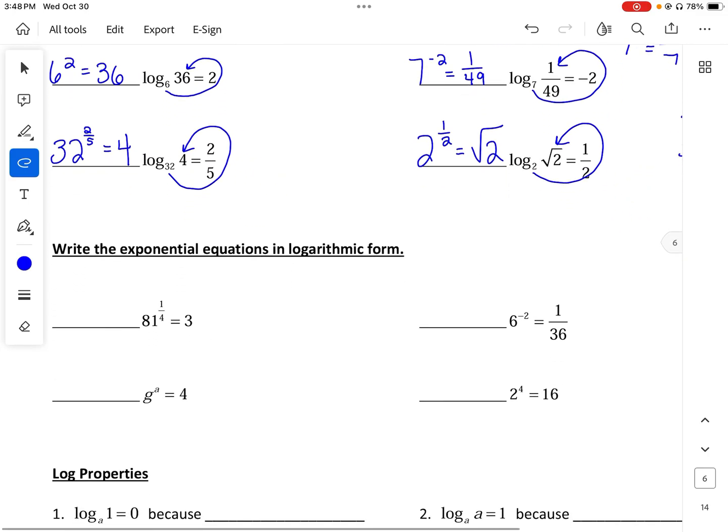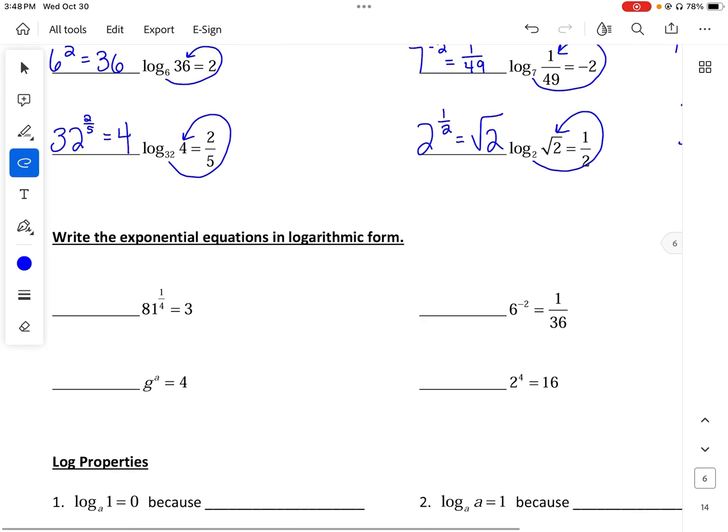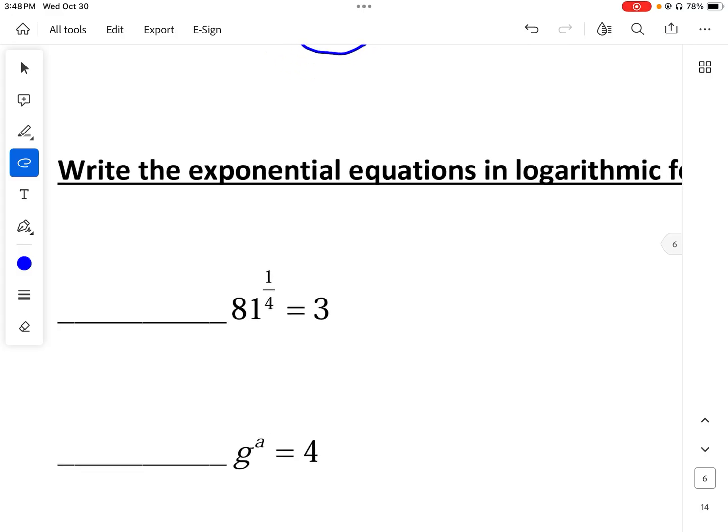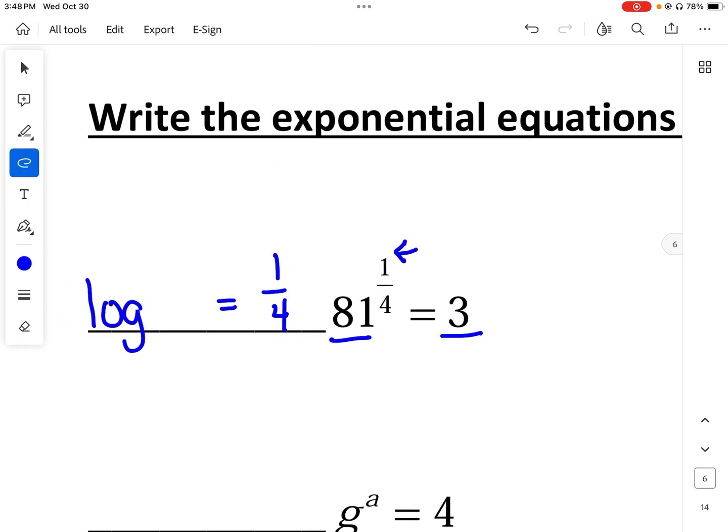Okay, write the exponential equations in log form. So we would swirl it around, and we always end up here, right? So that is our equals. So it's log base 81 of 3 equals 1/4.